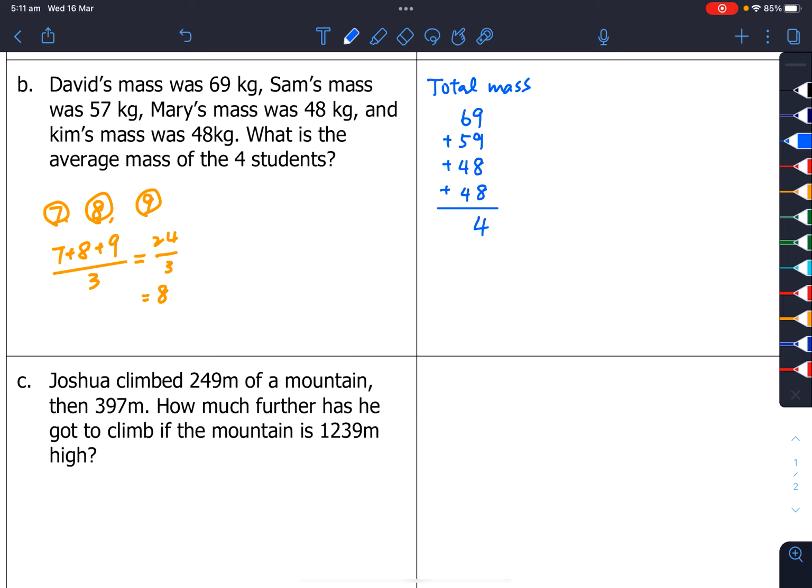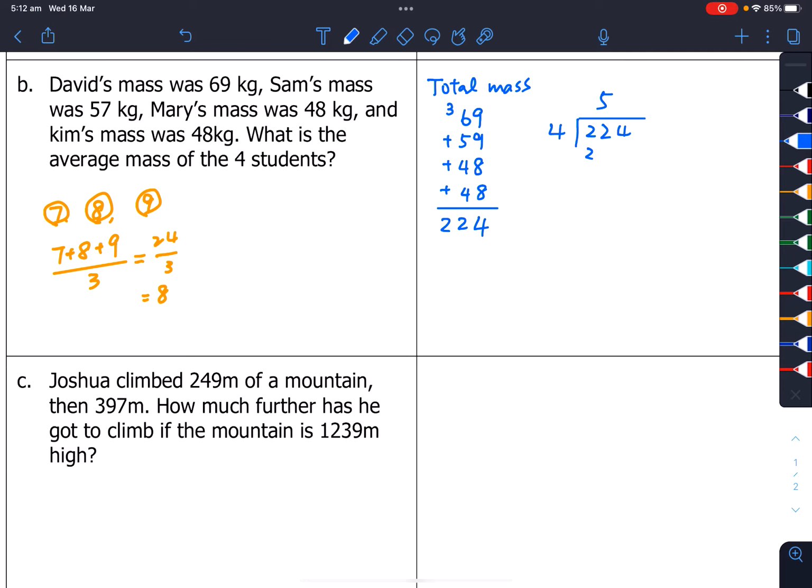I put 4 here, 3 here. So 22. So total is 224.